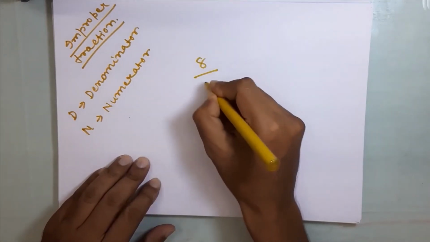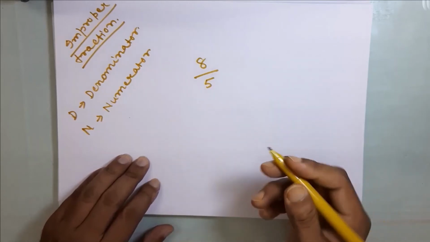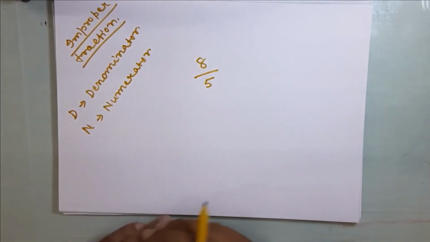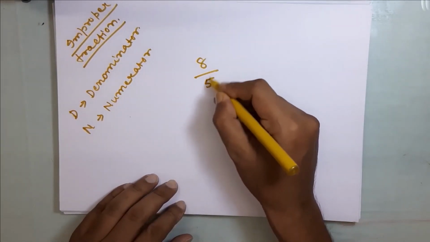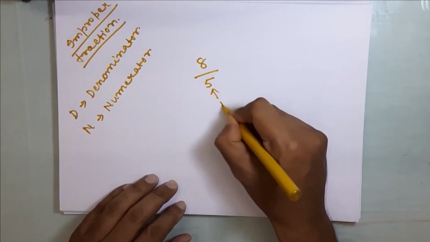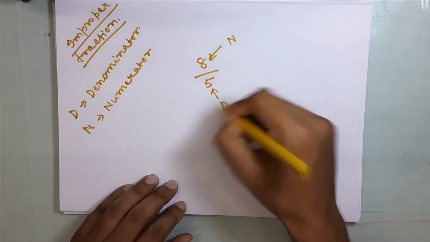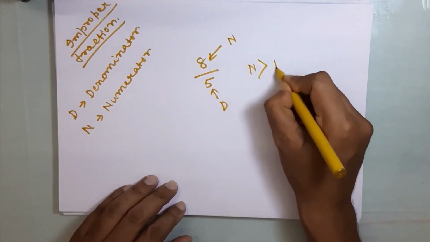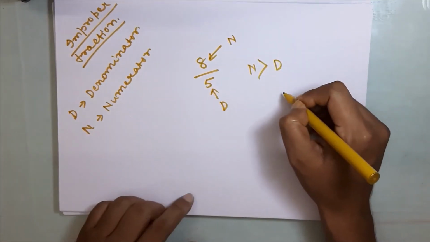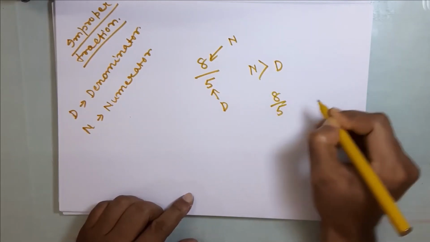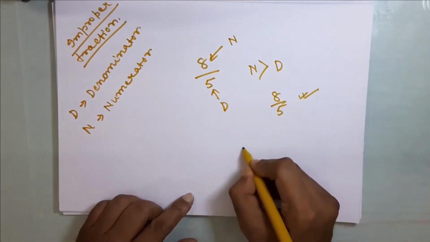Let us understand a fraction 8 by 5. Whatever is below this line we call a denominator, and whatever is above this line we call a numerator. If we land in a situation where numerator is greater than denominator, we call it an improper fraction. So 8 by 5 is an example of improper fraction.